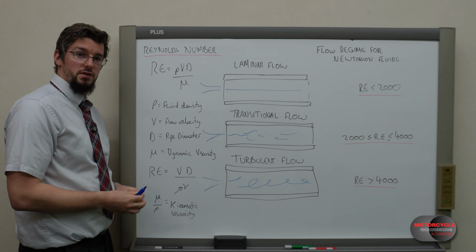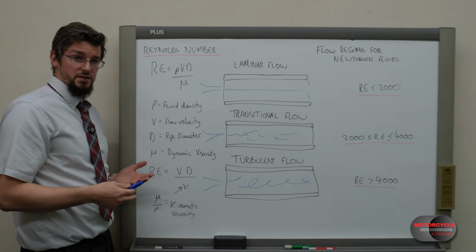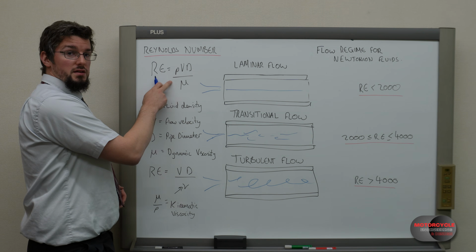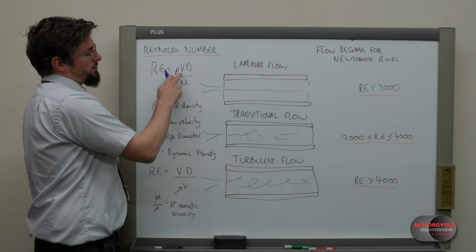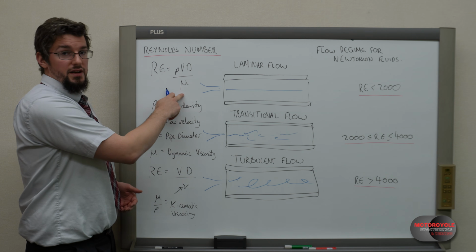So in fluid dynamics, we have a unitless value, which is called the Reynolds number, which is used for calculating friction loss. We start with taking the density of the fluid, multiplied by the velocity, the diameter of the pipe, over the dynamic viscosity.